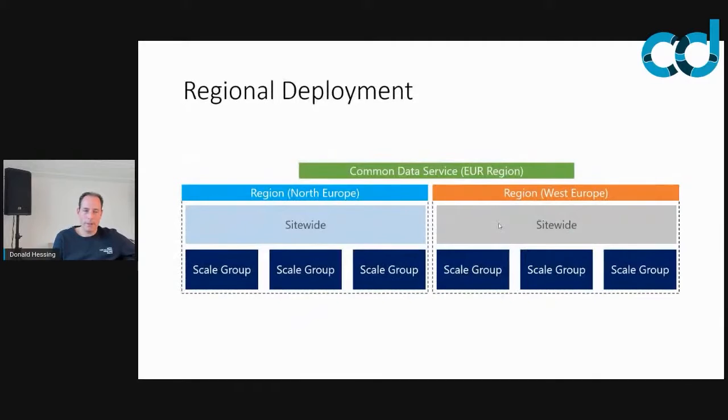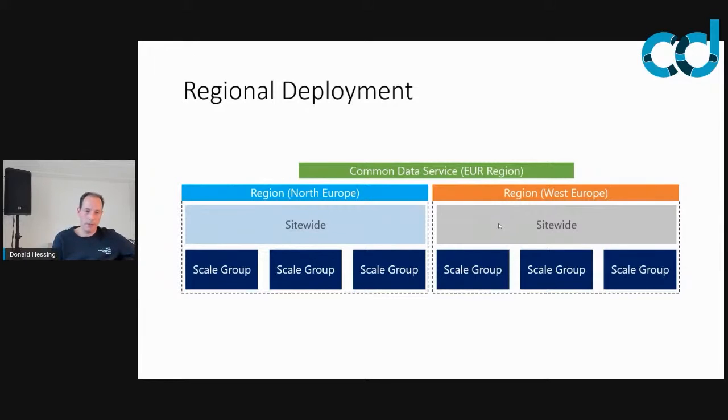The other benefit is that there is high availability and disaster recovery and things like that baked in. So a Common Data Service is provisioned in a region and it's mirrored within at least 2 regions. So that comes with scale groups automatically and is paired with the other region.